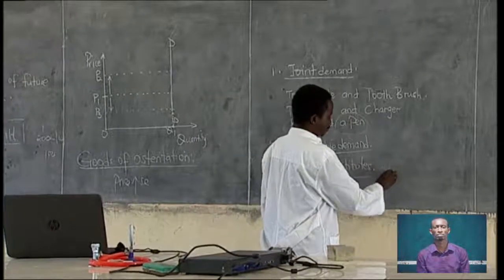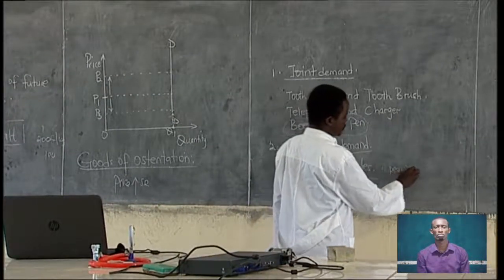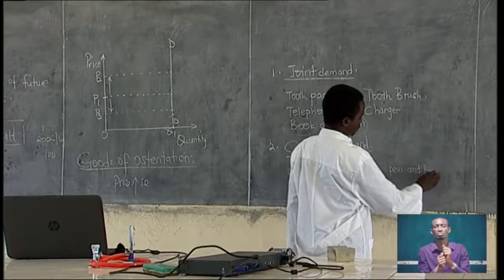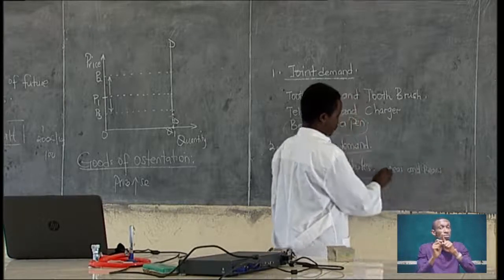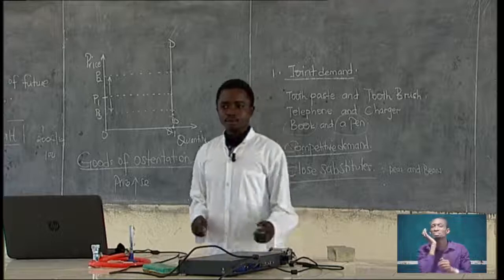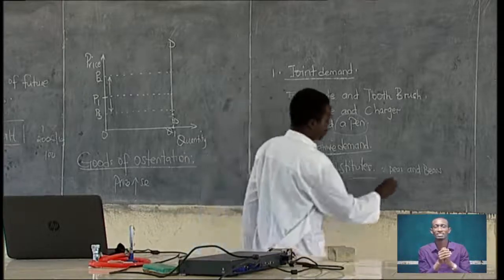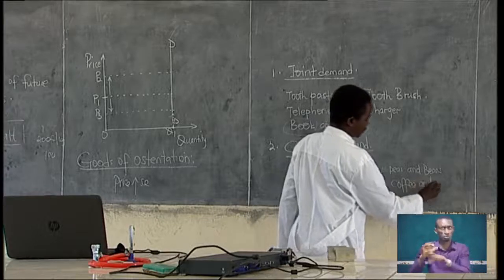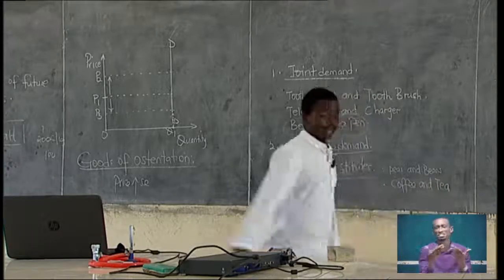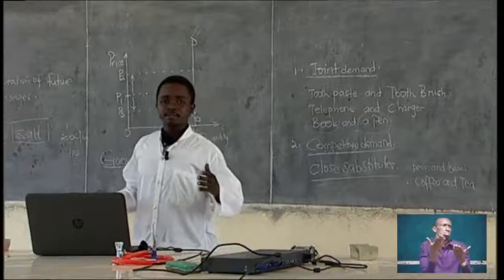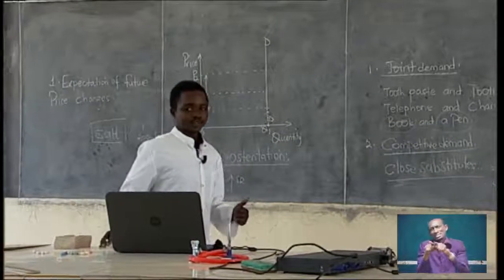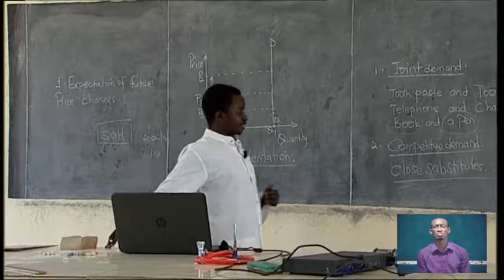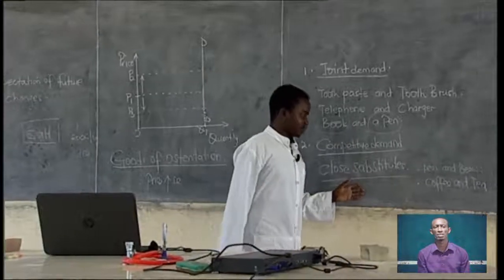We can talk about maybe peas and beans. This is one. You can talk about coffee and tea. These are substitute goods because they may serve the same purpose. So now let us see what happens to these two goods.